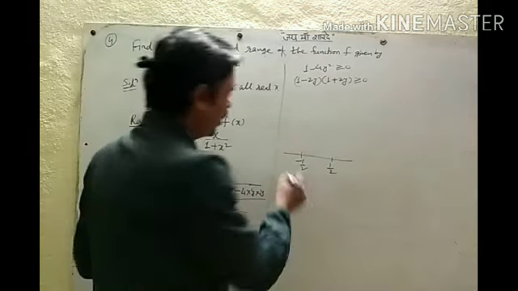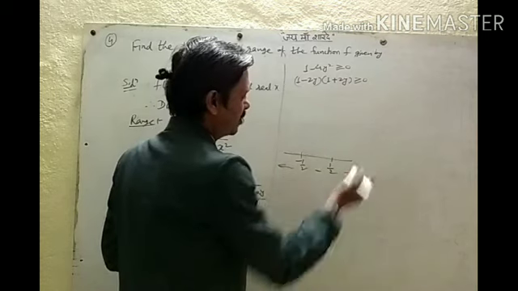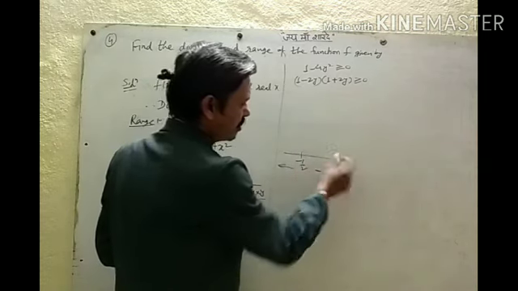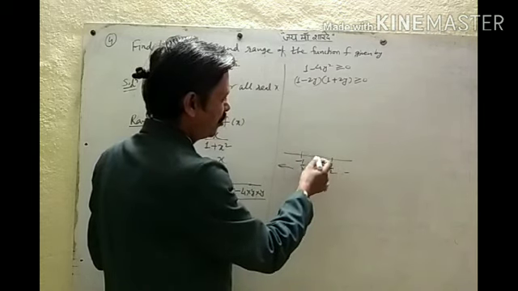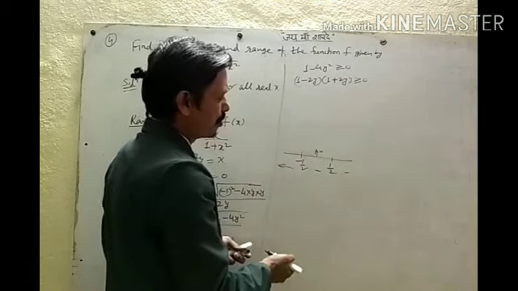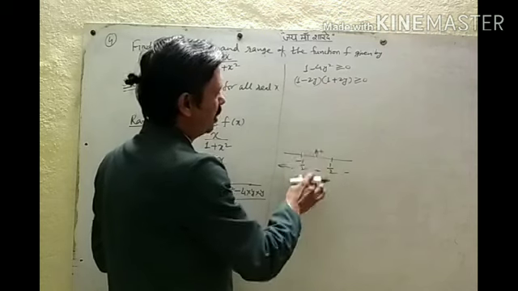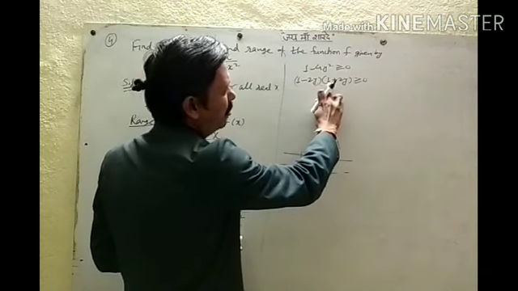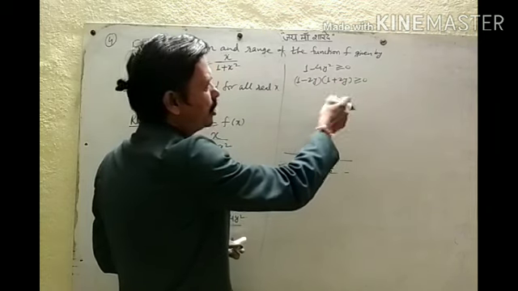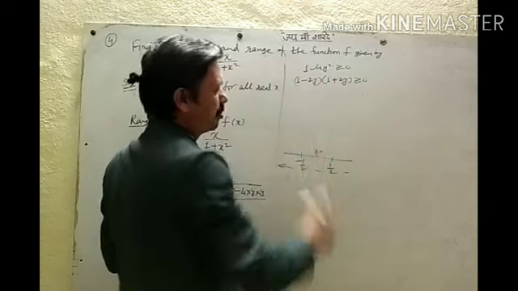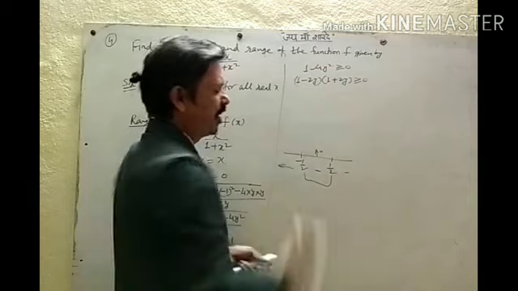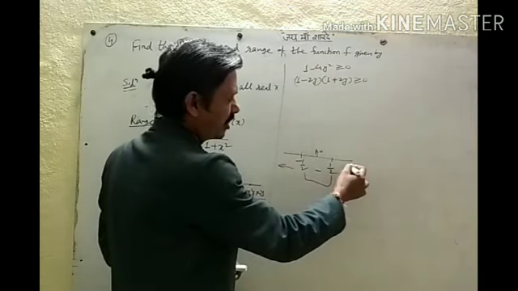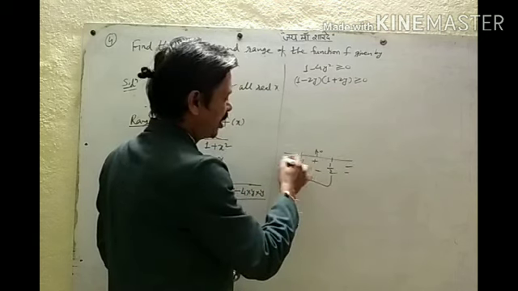So we have three parts: one this side, one in the middle, one that side. Take one simple value from the middle part. The number 0 comes between these two. If it is 0, then 1 minus 2 into 0 is positive, and 1 plus 2 into 0 is positive. Positive times positive gives positive. It means from this part, any y you take will be positive. But you can check, here it will be negative, and here negative.